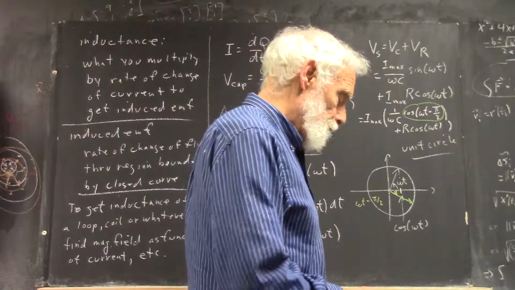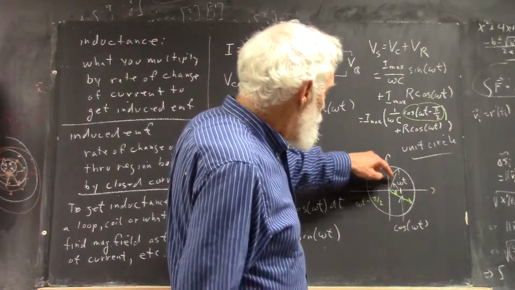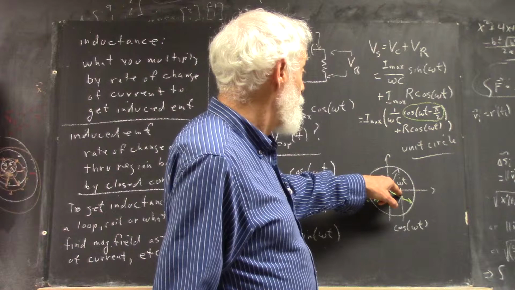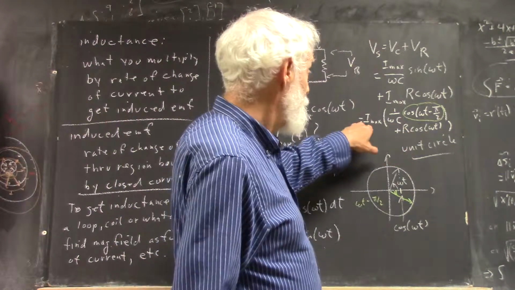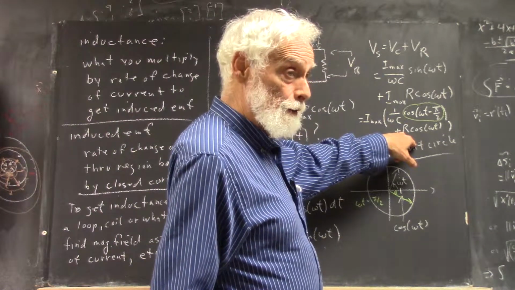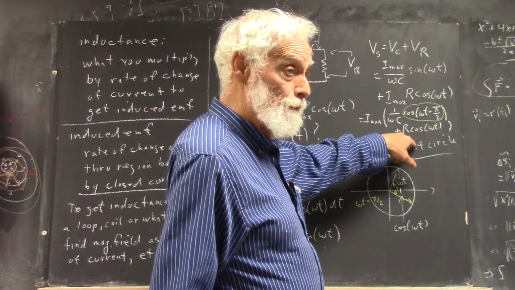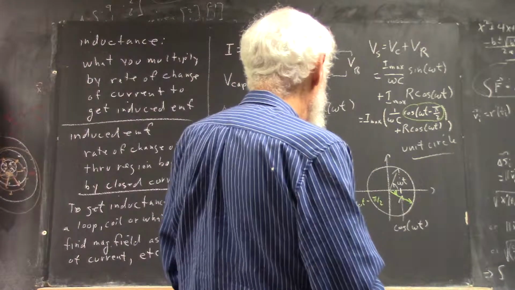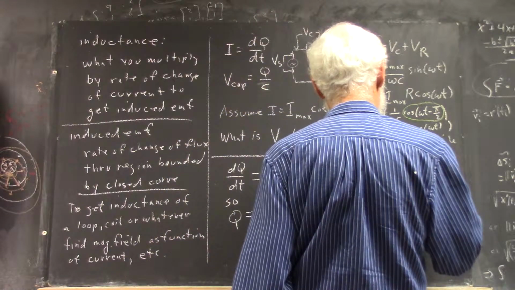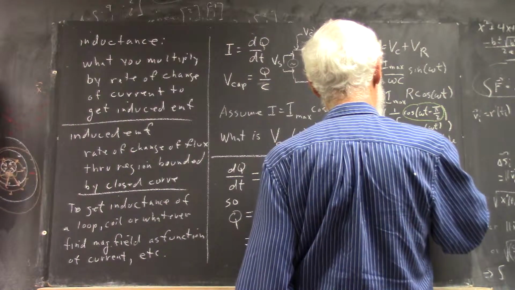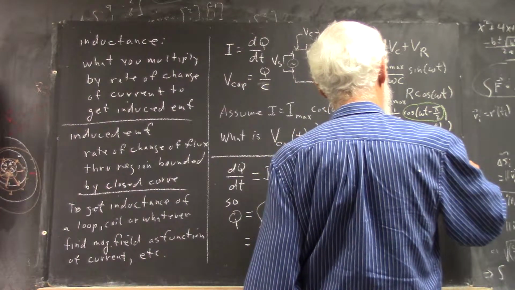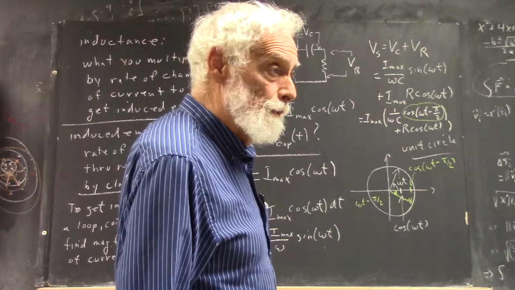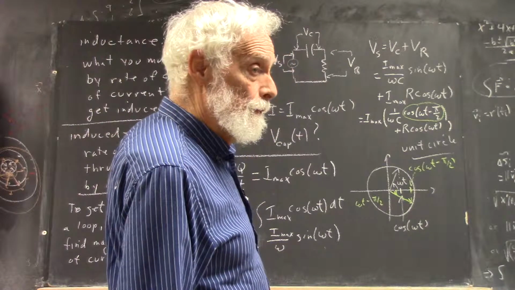Well, we put this all together and we multiply the cosine of omega t, which is this, by R, I max times R. And we multiply the cosine of omega t minus pi over 2 by 1 over omega c, times I max, right?